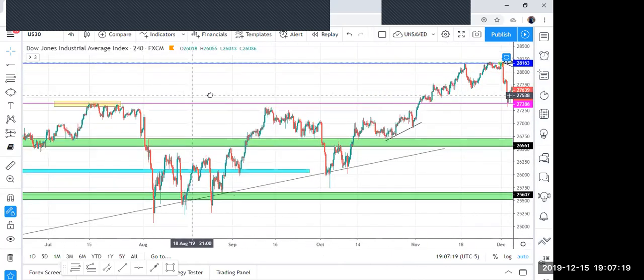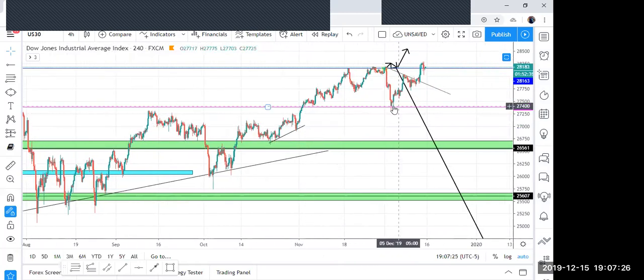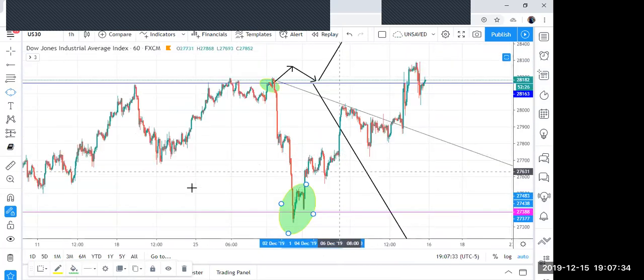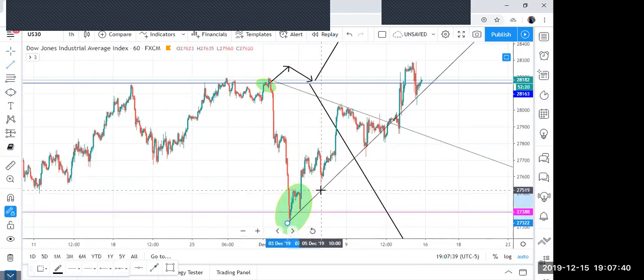We can clearly see that price found resistance here along this level. Came down, price found support here. We can work our way down the time frames. What I see is a double bottom that I like. Start of an uptrend.